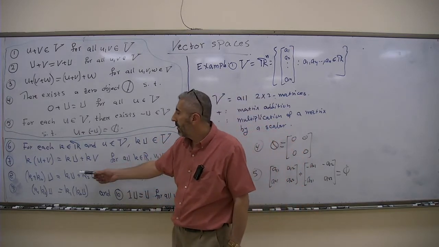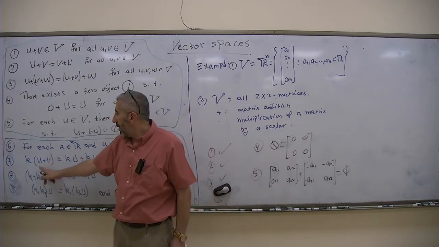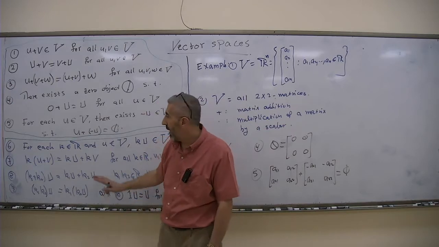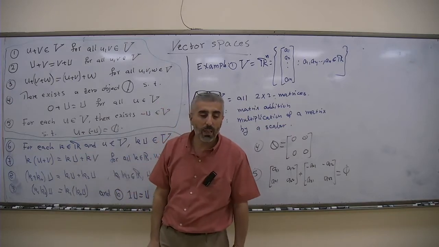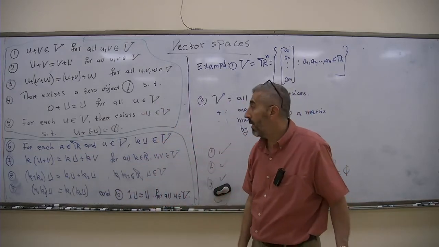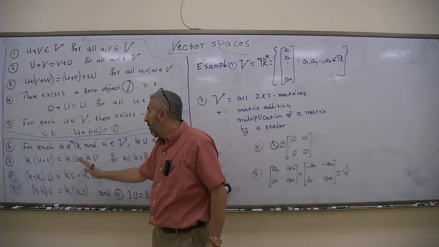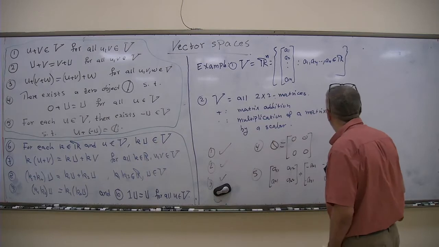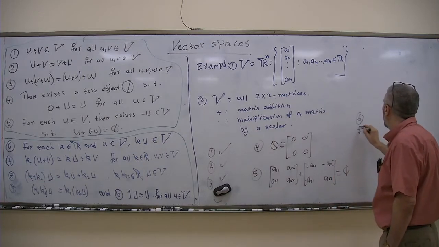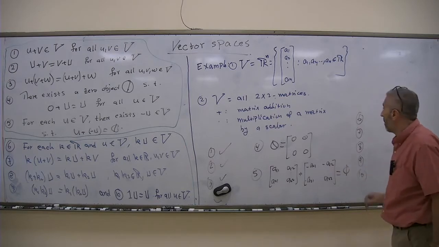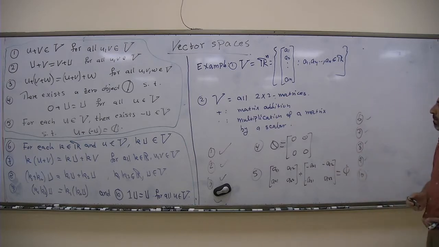Number 7: you add 2 matrices, then multiply by K. That is the same as multiplying each one by K and adding. Those conditions we discussed when we learned how to add matrices or multiply a matrix by a number. Okay? So all of them, 5 through 10, are satisfied.